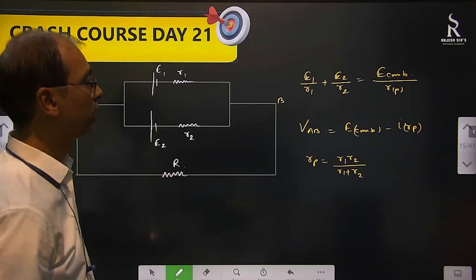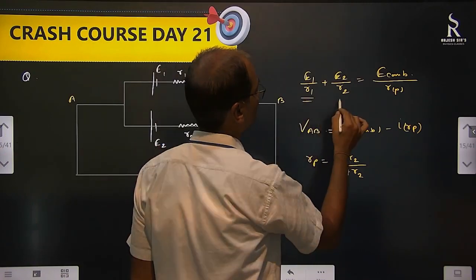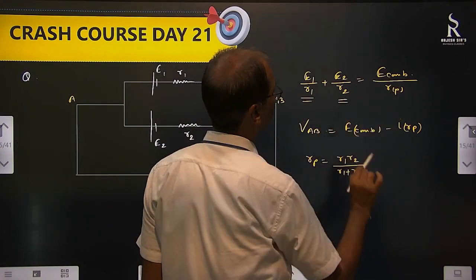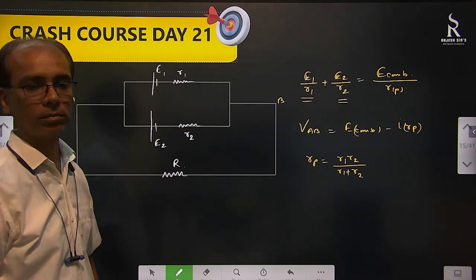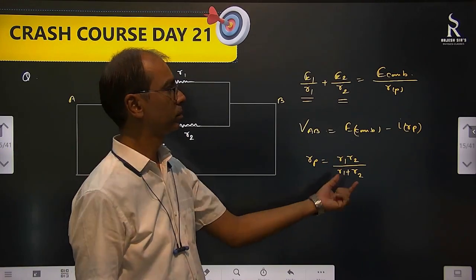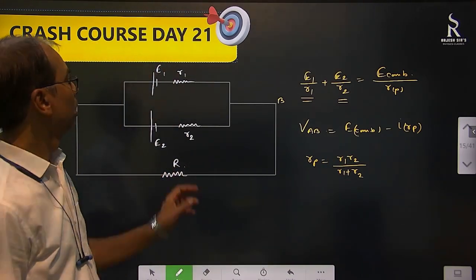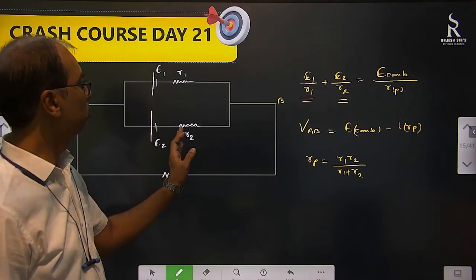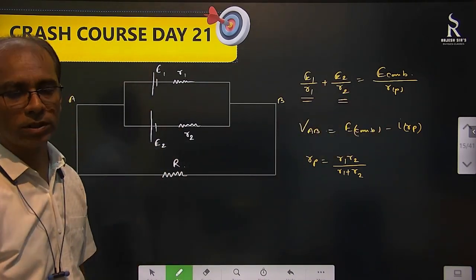E1 by R1 plus E2 by R2 is equal to E combination by the resistance in parallel, R1 R2 by R1 plus R2. So E1 by R1 plus E2 by R2 equals E combination by R combination.